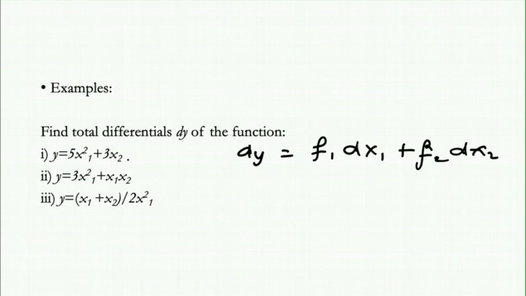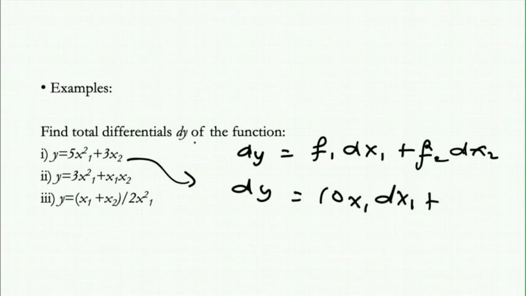So if we want to do the first question here, dy becomes, you differentiate 5x1 squared here, it becomes 10x1. Don't forget to multiply it by dx1, plus f2, which is 3 dx2. Don't forget this and this, otherwise it's not called total differential, and this is the most common mistake done by students in exams and also assignments.